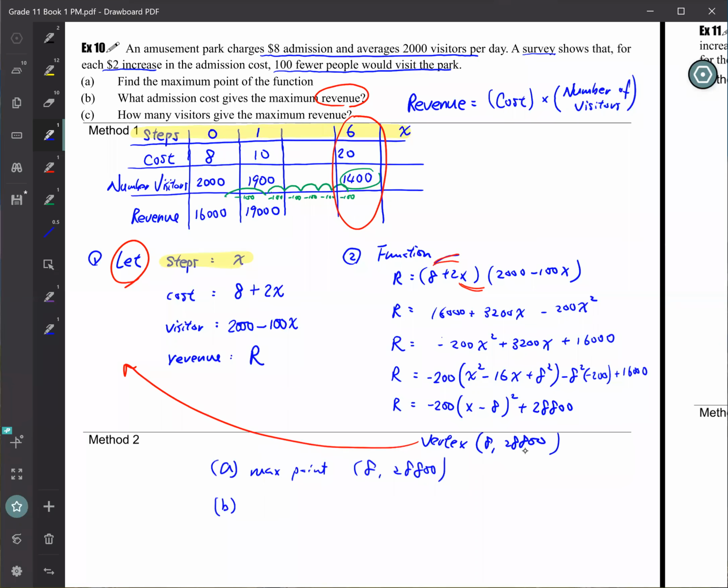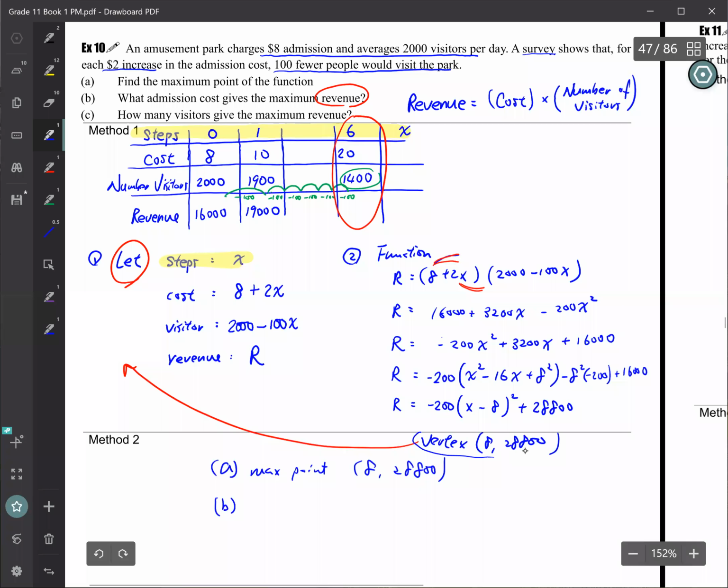Chris? What was the question again? How do we answer question B? Question B is what admission cost gives the maximum revenue? We found the vertex, right?